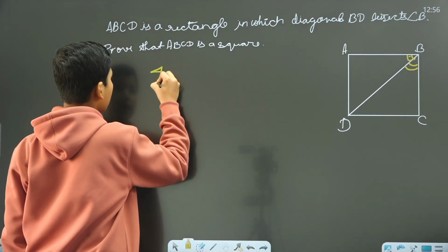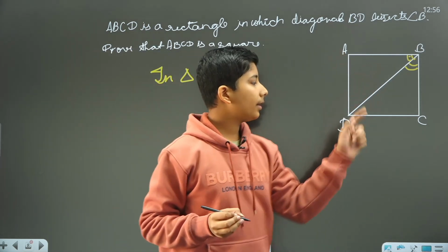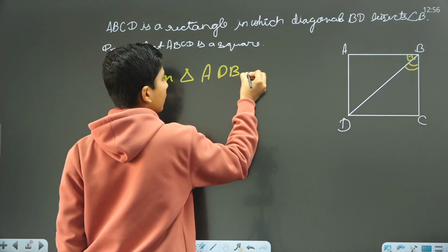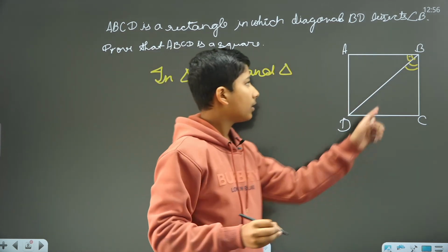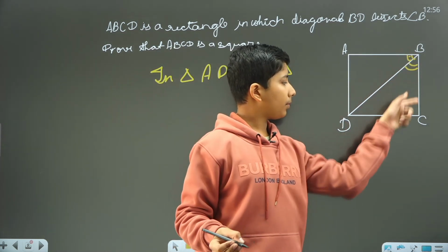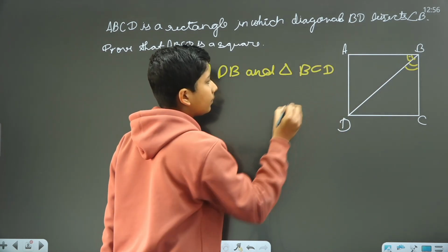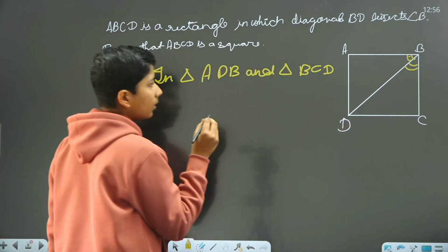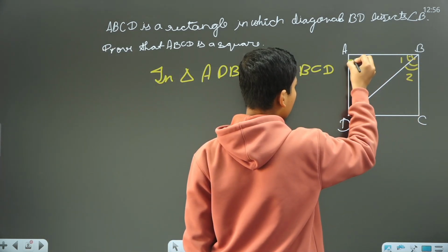In triangle ADB and triangle BCD, angle 1, angle 2.